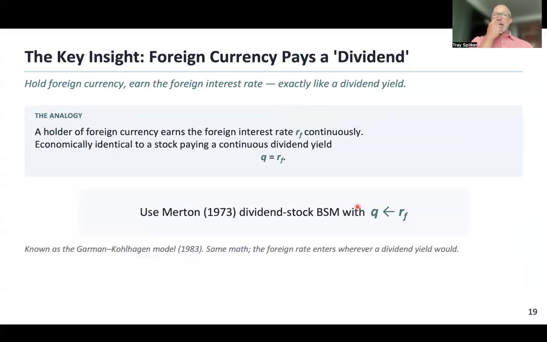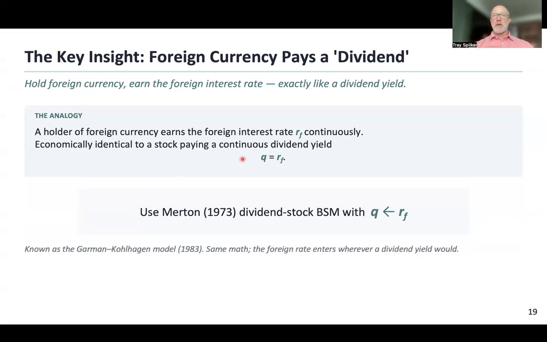Now, one of the key insights here for foreign currency is to think of the foreign currency as we've seen before: if you're holding a foreign currency, you're going to earn the foreign currency interest rate. So it's economically identical to holding a stock that pays a continuous dividend yield.